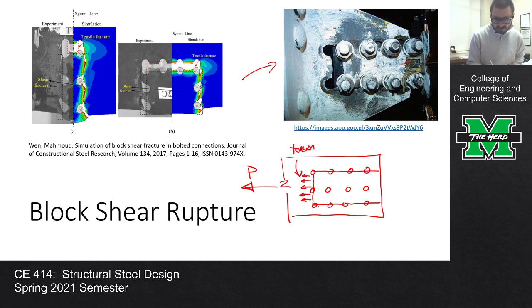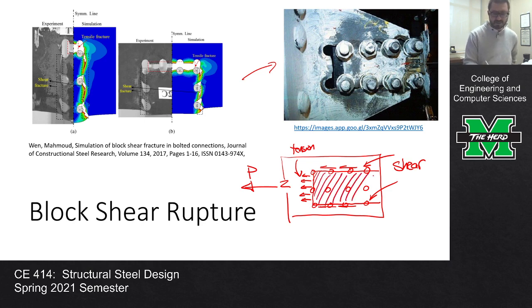But these planes over here, this plane right there, that plane, and this plane, are experiencing shear. So you're having this combination of a tensile failure and a shear failure, and you basically rip out this chunk of the member and separate the member from the connection, like what you see right here.